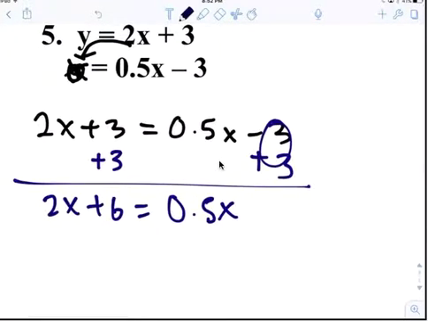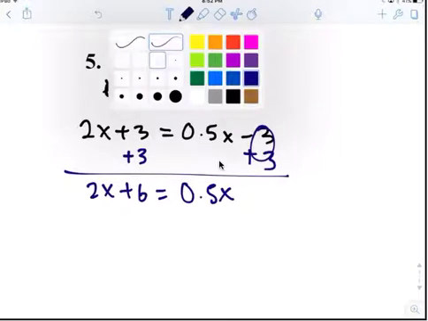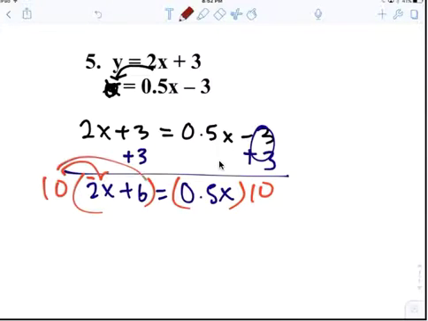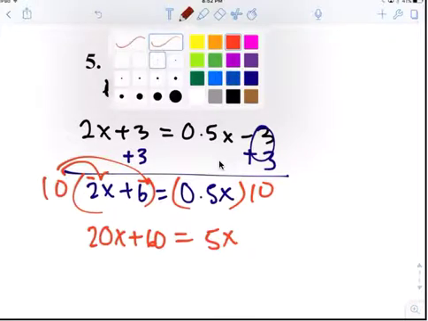Okay, I don't want the decimal. How do I get rid of that decimal? I multiply it all by 10. That's 20x plus 60 equals 5x. Okay, now I can get rid of the x.